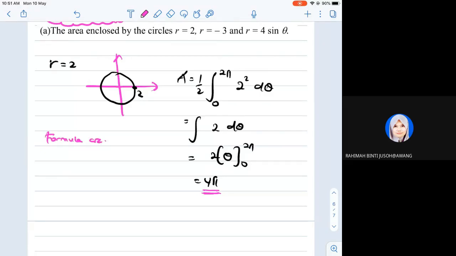Formula area of a circle apa? Ingat lagi tak? Yang you all belajar time sekolah menengah. Pi r squared, isn't it? Yes. So you darab je lah. Pi jari kita 2 dalam kes ni kan. So 2 kuasa 2. You dapat 4 pi.